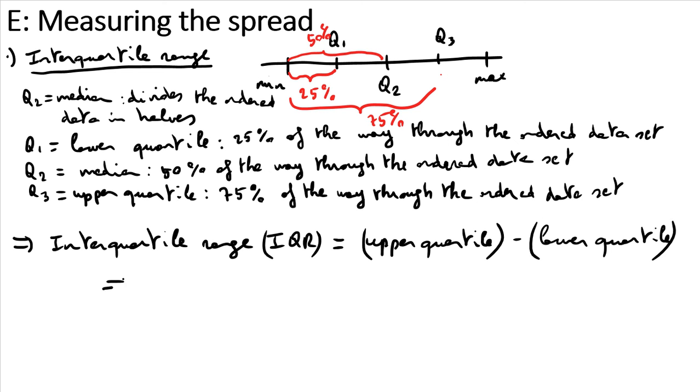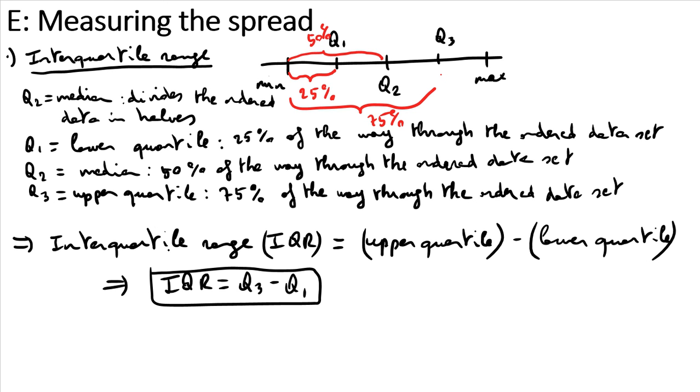So that is actually equal to Q3 minus Q1. So that is actually everything between here.